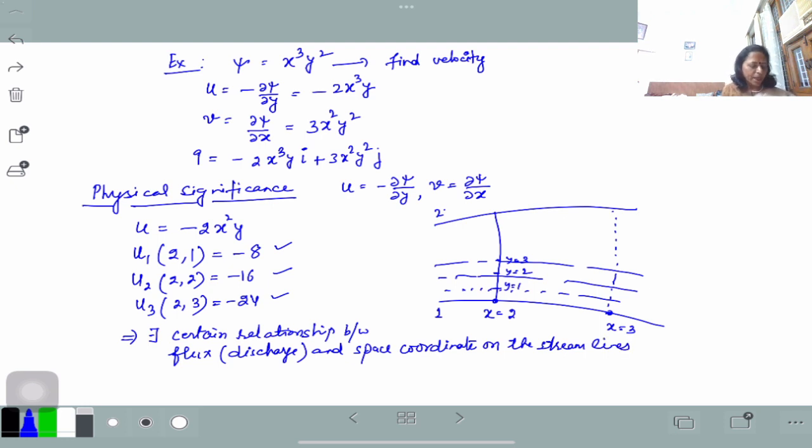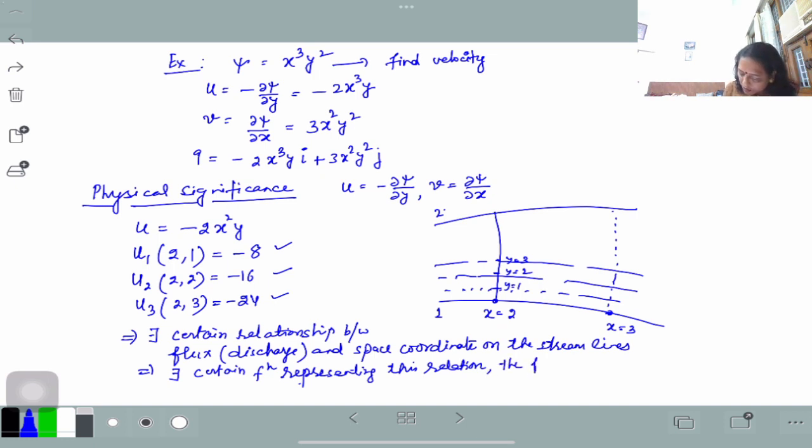This implies there exists a certain function representing this relation, and we call this function the stream function.